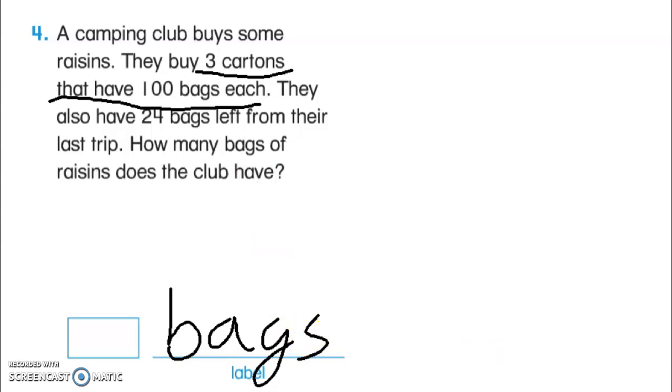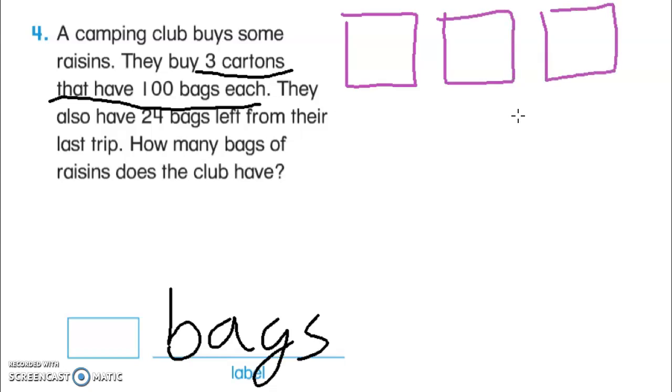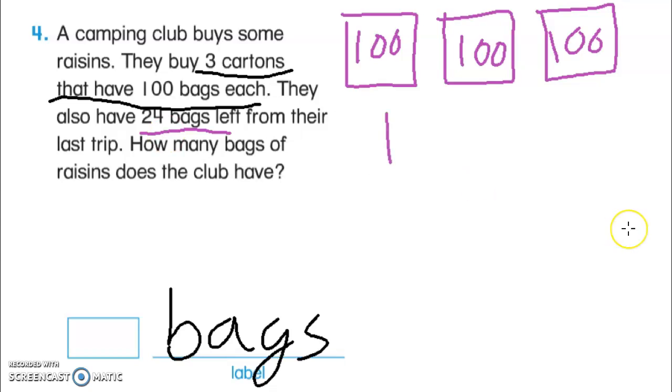So I'm going to draw out, we'll draw it in purple for my cartons. These are my cartons. And inside, they each have 100. Then I'm going to draw my 24 bags that are left over. If I were to draw that in the, say, 10 way, I have 2 10s and 4 1s. 2, 3, 4.